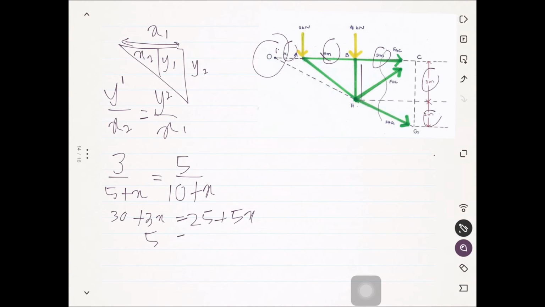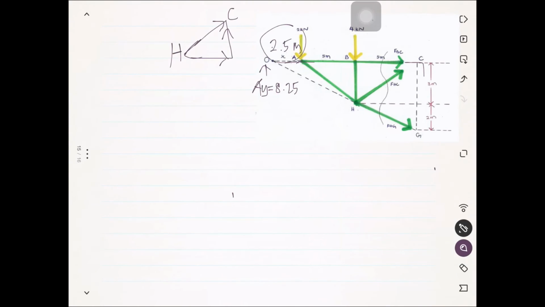So 5 equal to 2X, X equal to 2.5. This distance X is 2.5.